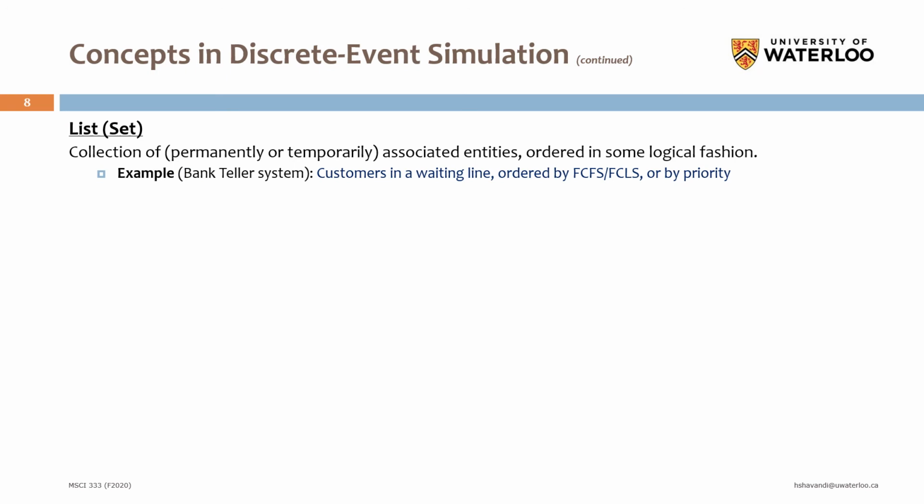After defining the entities, the attributes, and the state variables, we may need to define the lists or sets. For example, in the bank teller system, if we are interested to know which customers are in the waiting line now, then we need to use a list or set. A list or set is a collection of associated entities ordered in some logical fashion, permanently or temporarily.